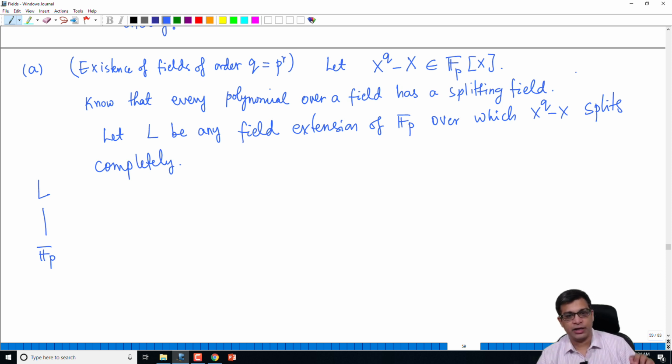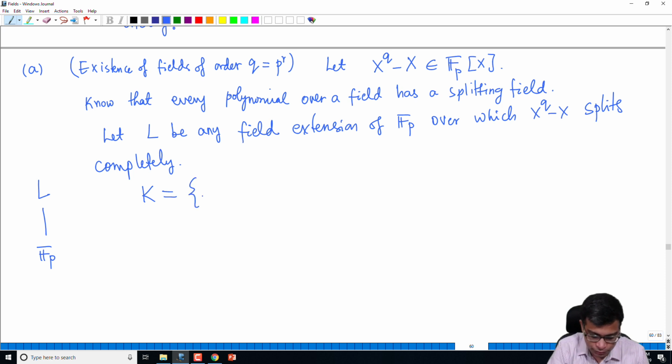That means L contains all the roots of x power q minus x. We know that the desired field K of order q is supposed to be this collection of roots. So we are going to just take K to be the set of alpha in L such that alpha is a root of x power q minus x.